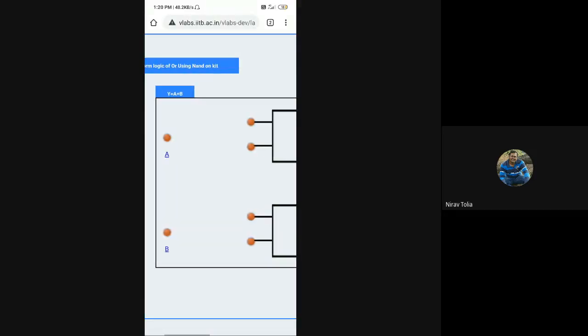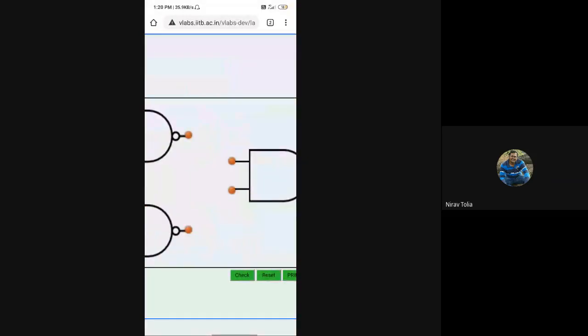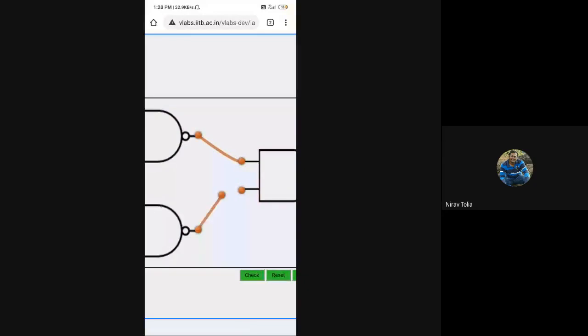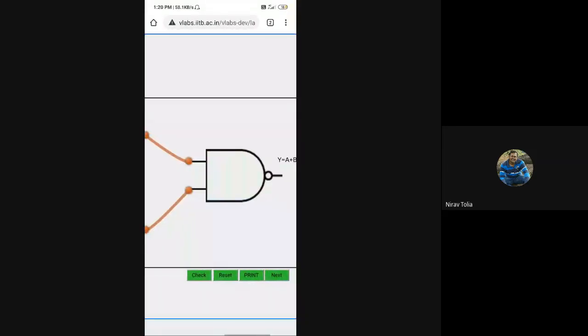Rotate your screen and perform. Now click on check. Right. Okay, very good. Okay, now what is next?